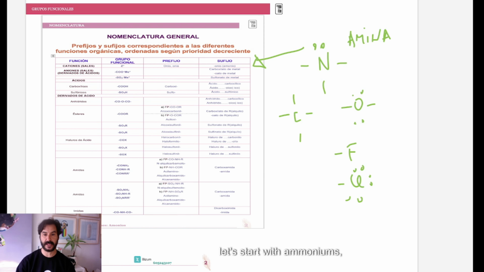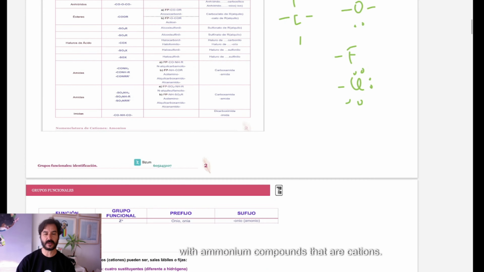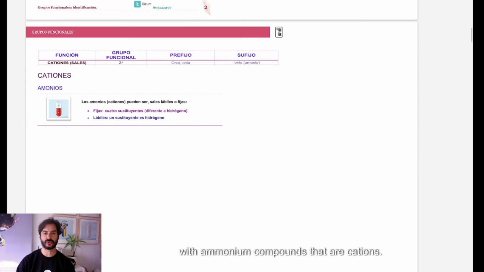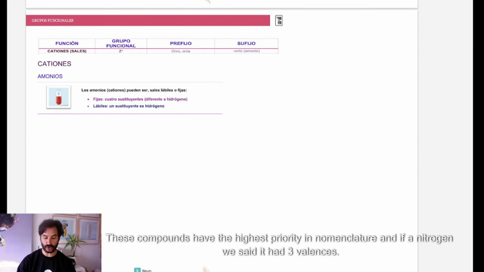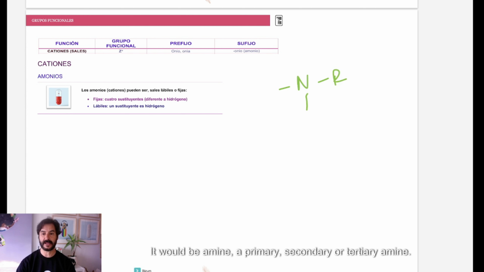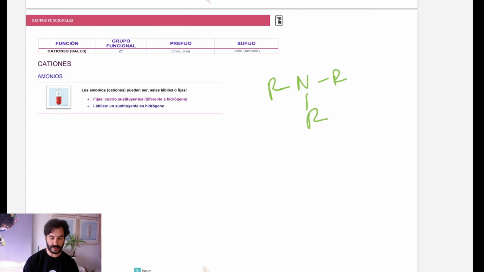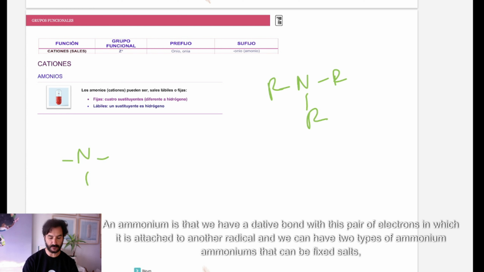As we were saying, let's start with ammoniums, with ammonium compounds that are cations. These compounds have the highest priority in nomenclature, and a nitrogen, we said, has 3 valences. It would be an amine, a primary, secondary, or tertiary amine. What is an ammonium? An ammonium is where we have a dative bond with this pair of electrons, in which it is attached to another radical, and we can have 2 types of ammoniums.